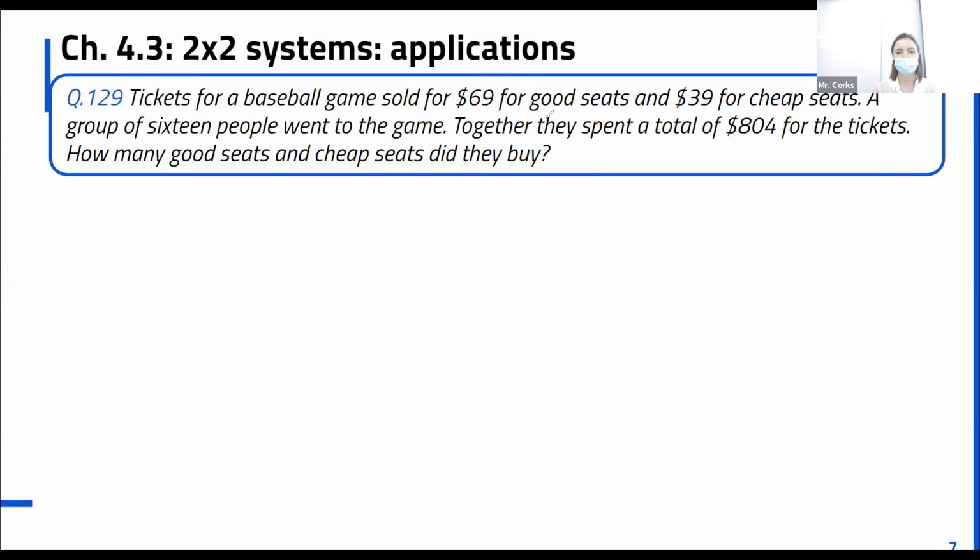We have good seats, which cost $69, and cheap seats, which cost $39. 16 people went to see the game, and they spent $804 for the tickets for all of the 16 people. We need to find how many good seats and how many cheap seats were bought.